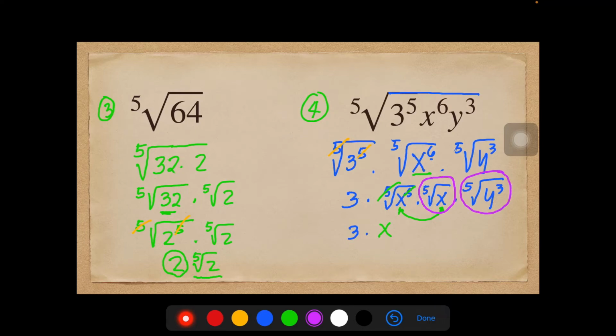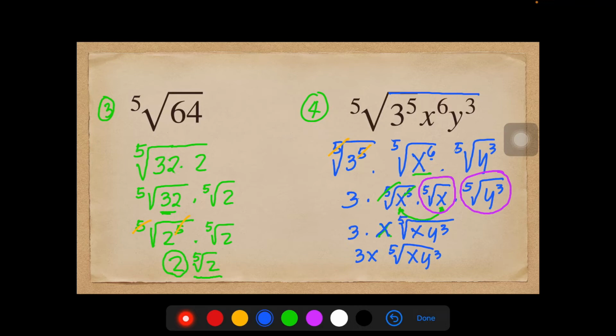That's why we have to rewrite that as expressions inside the radical. So we have the fifth root of x y cubed. Alright, so the final answer we have 3x fifth root of x y cubed.